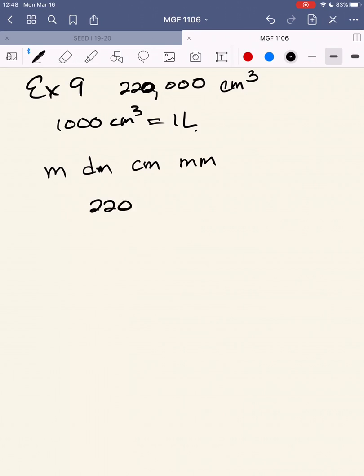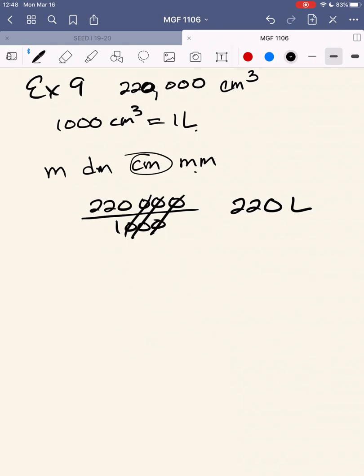So I have 220,000 divided by 1,000, which all that does is move the decimal 3 places smaller. So I have 220 liters. It wasn't even scary setting that one up as a fraction. Even though we're going from cubic centimeters to liters, we don't want to use this idea of moving back and forth because now we're talking cubic, we're talking volume. So this one, it's easier to use this and do the division, or do it in your actual calculator.